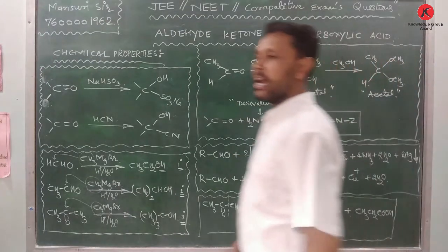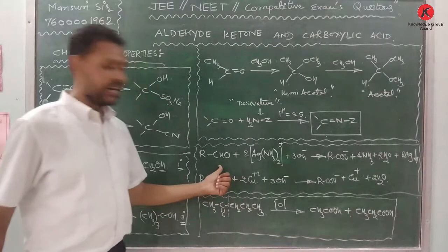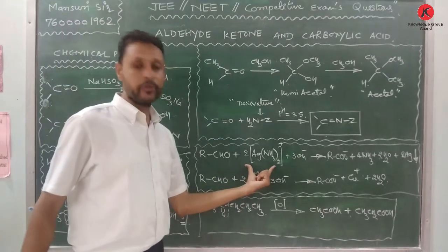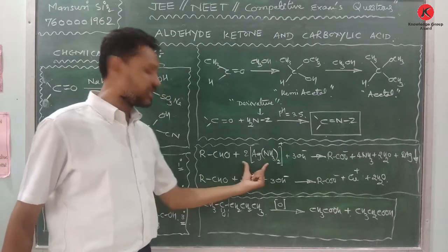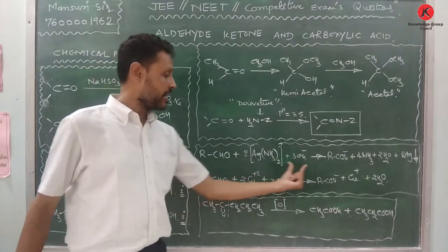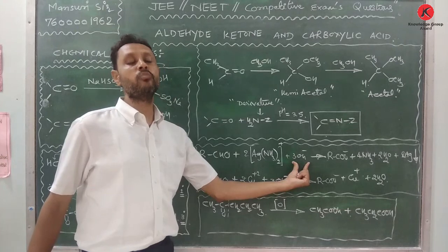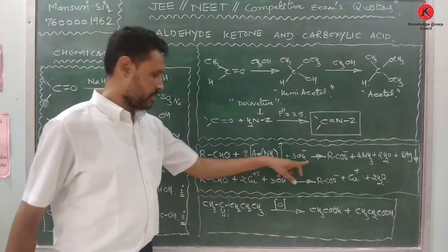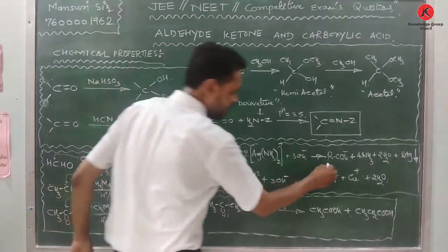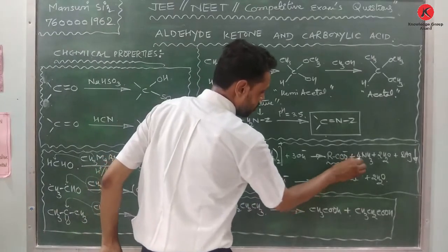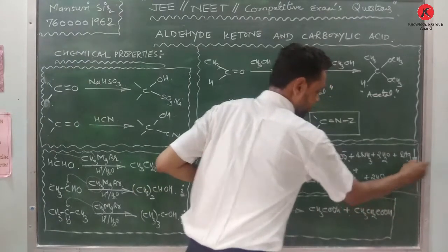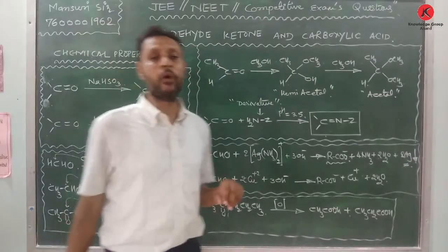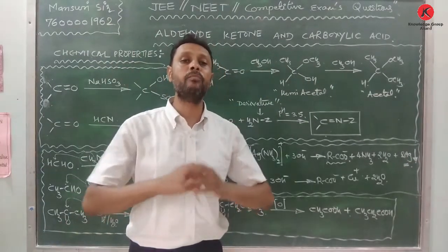Thereafter, when aldehyde reacts with Tollens reagent, you know very well in your textbook level exams, when aldehyde reacts with Tollens reagent in presence of OH minus, then carboxylate ion is formed, and a silver mirror will be obtained in the inner part of the test tube.